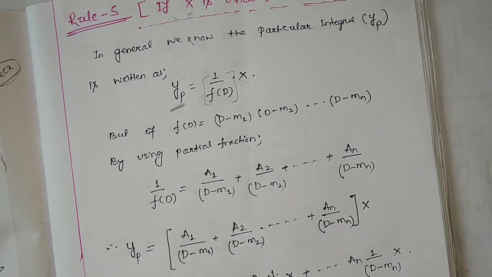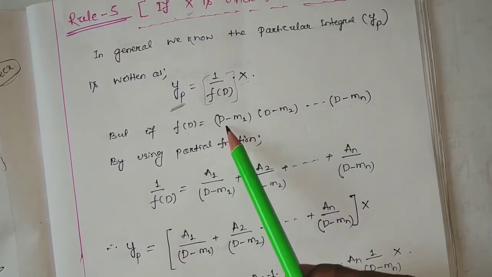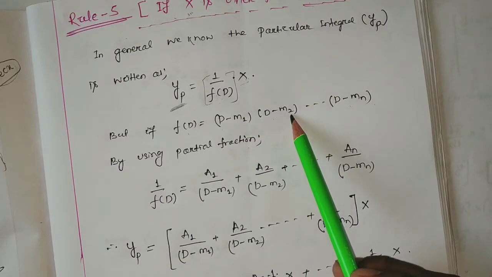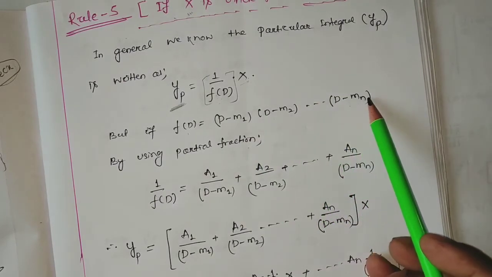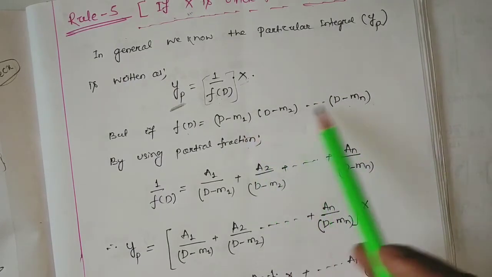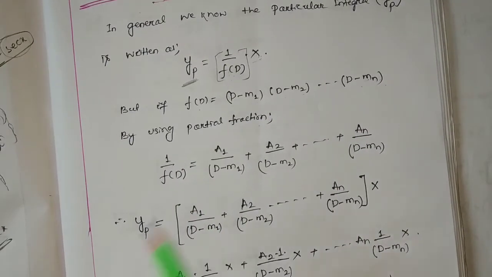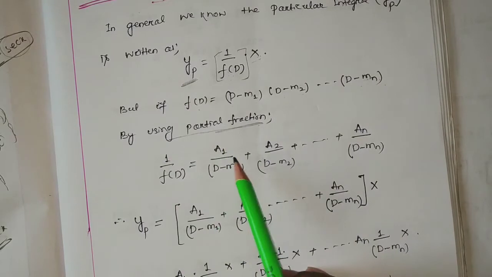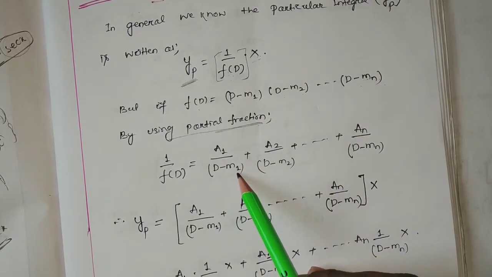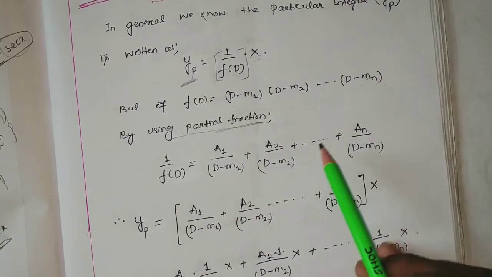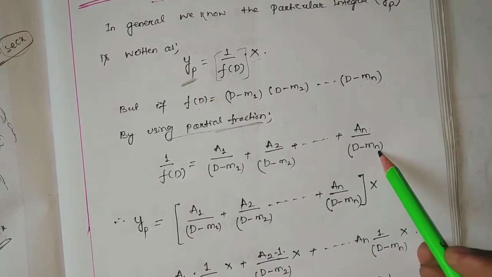So as it is, since (D minus m1), (D minus m2) up to (D minus mn) terms are there, the 1 by f of D operator can be written using partial fractions as a1 by (D minus m1) plus a2 by (D minus m2) up to an by (D minus mn).